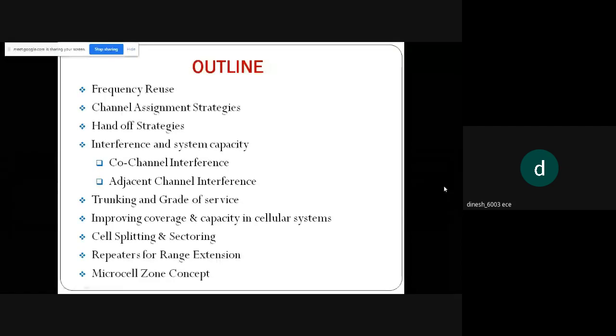Then the concept of trunking and grade of service. Next, improving coverage and capacity, cell splitting and sectoring, then repeaters for range extension, then microcell zone concepts. All these things we are going to see in the Unit 1, Part 1 presentation.